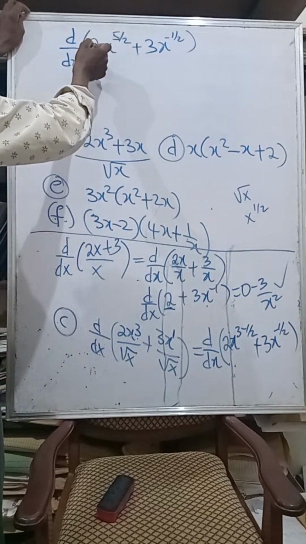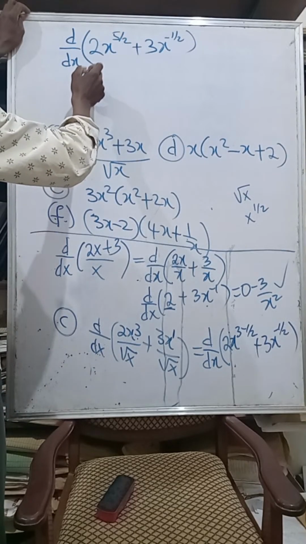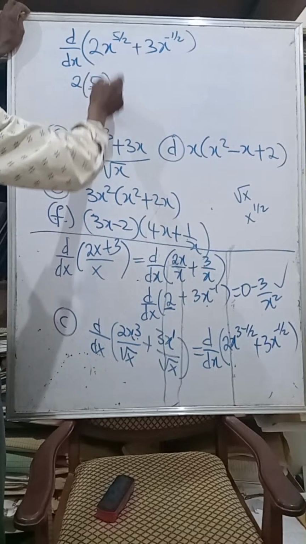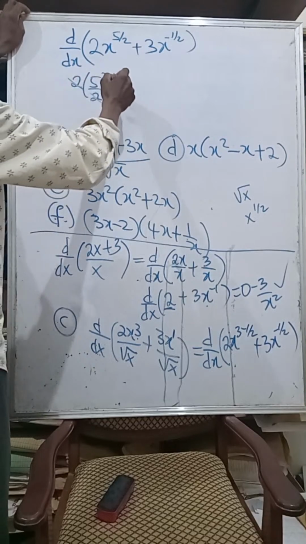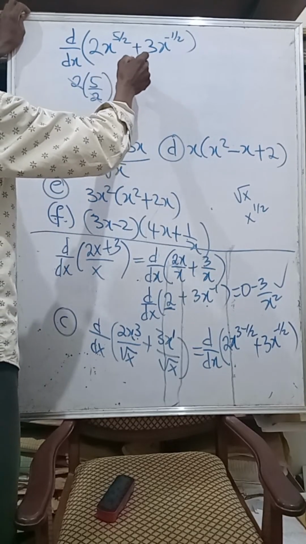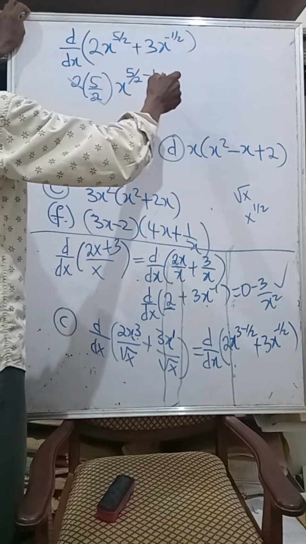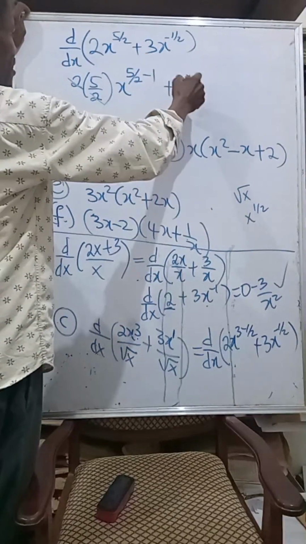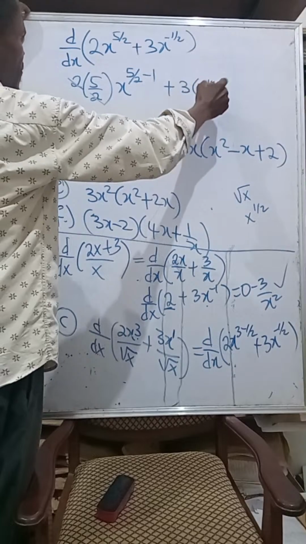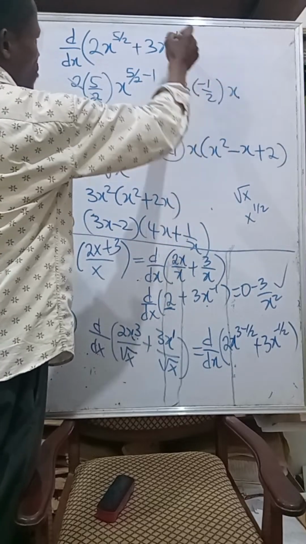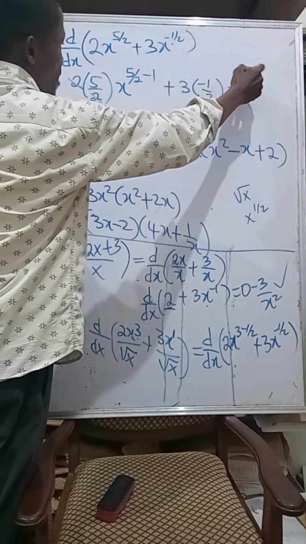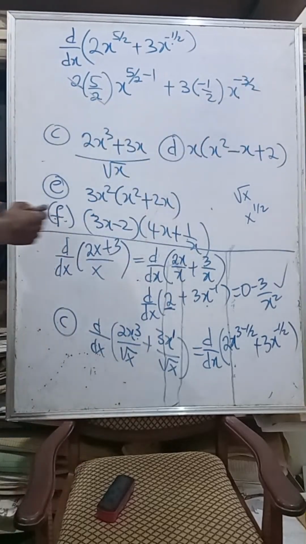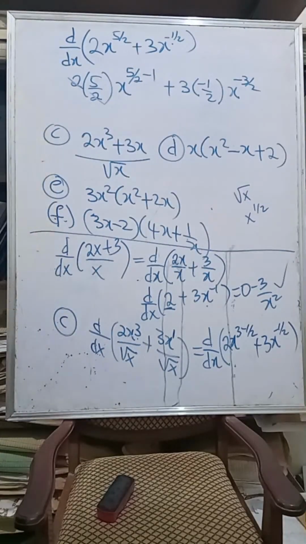Then we can now do the differentiation. The power times this one, 2 times 5 over 2. So these two cancel. And then x to the power 5 over 2 minus 1. Then plus 3 times minus half, and then x to the minus half minus 1. That's minus 3 over 2. Let's just tidy the expression.